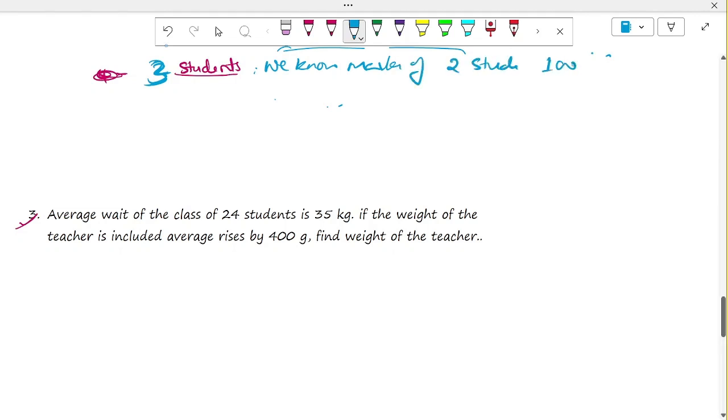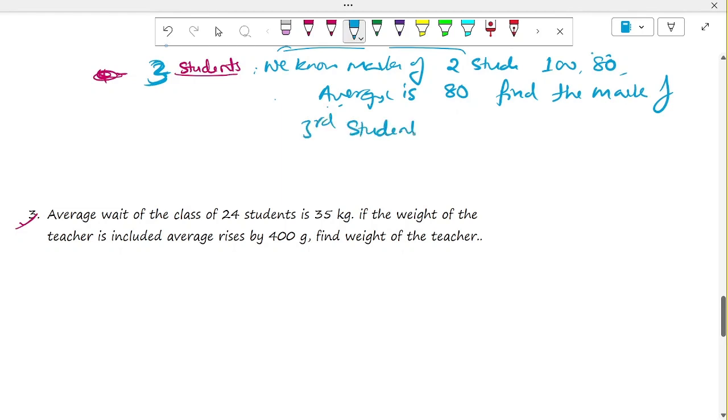So it is 100 and 80, and the average of them is 80. Find the marks of third student. Can you find the marks of third student now? Whatever is given in the question, try to rewrite in the form of equation.